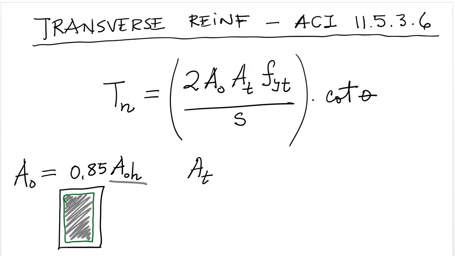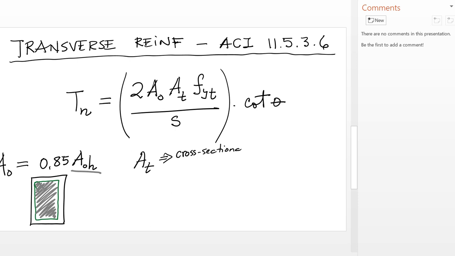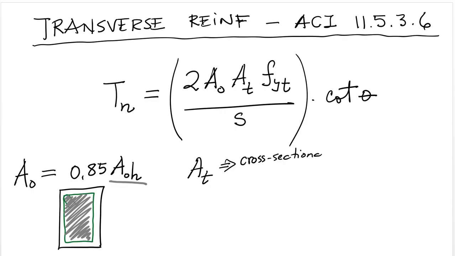So it's important to keep that in mind because that's different than in shear, where we are looking at the total area of the stirrups. At is the cross-sectional area of one leg of transverse reinforcement.